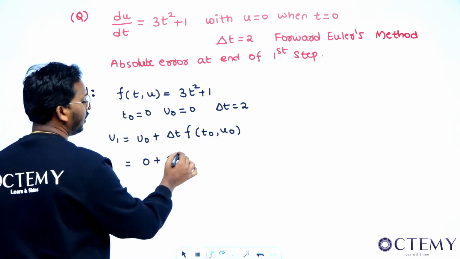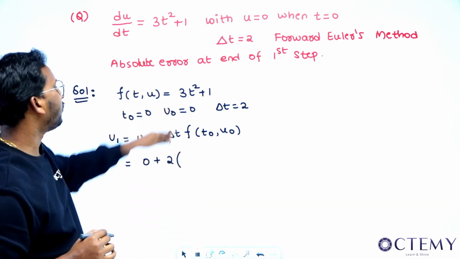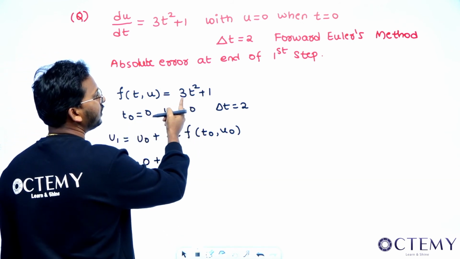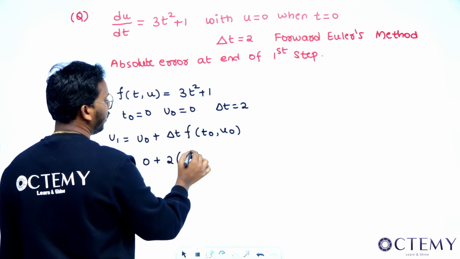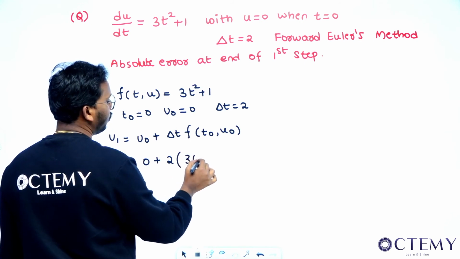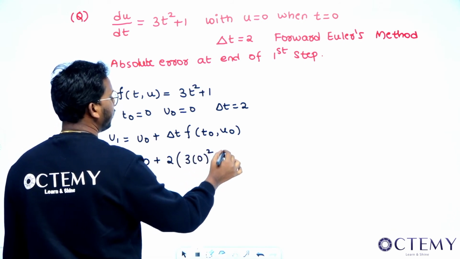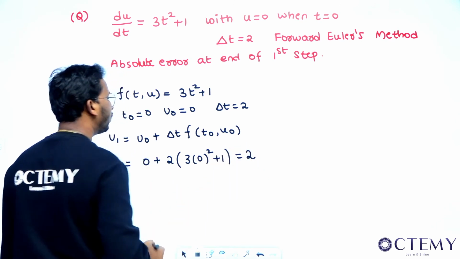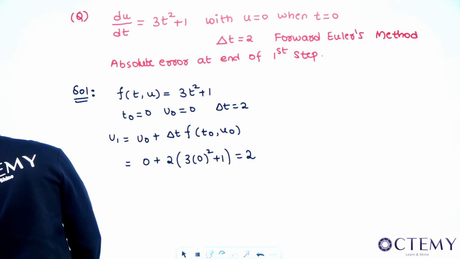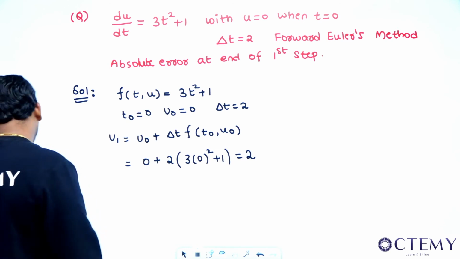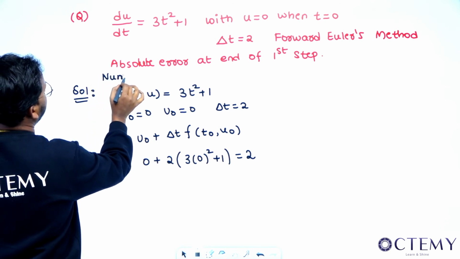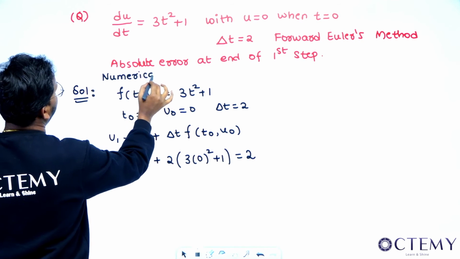If you put t0 in this, 3 into t0 square plus 1, that is how much equal to, you are getting this equal to 2. Now if you do the exact solution, this is your numerical solution.